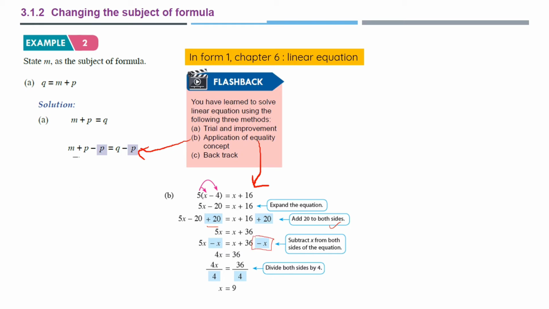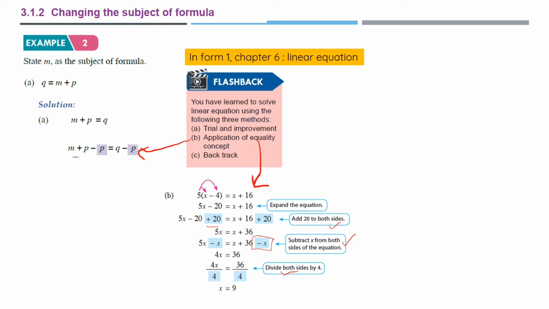Subtract x from both sides. And this one is divide both sides by 4. All of these are examples of the equality concept in an equation. So it applies to this one.